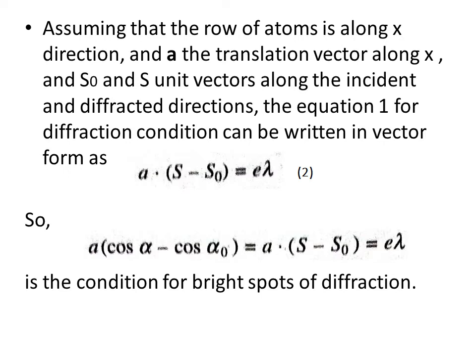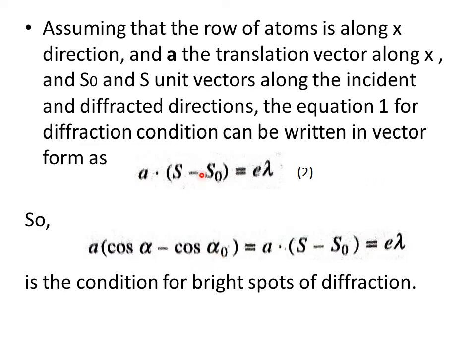So for example, A cos alpha is equal to A dot S, where S is the unit vector in the direction of the diffracted wave. Alpha is the diffraction direction, and S0 is the unit vector in the direction of the incident wave. The corresponding direction cosine is cos alpha 0.